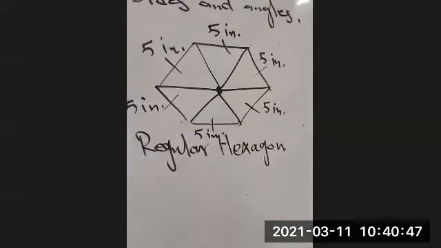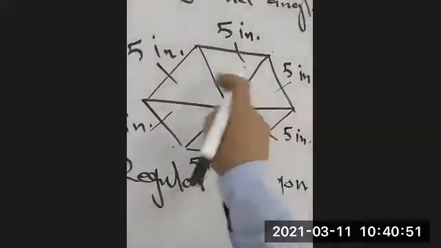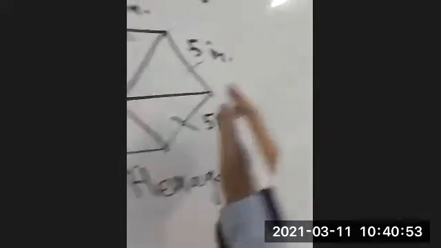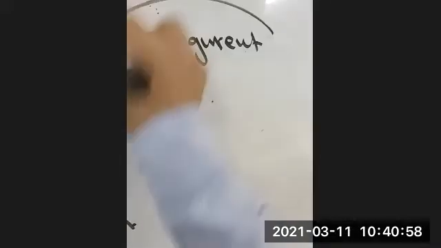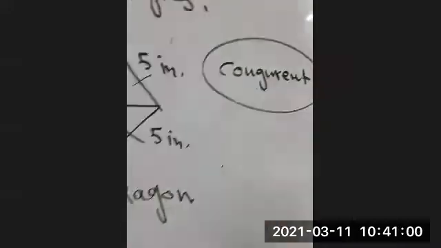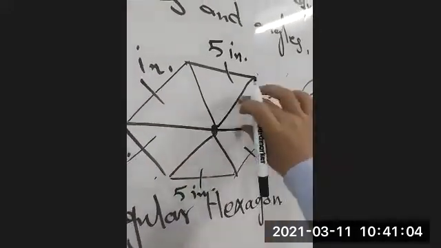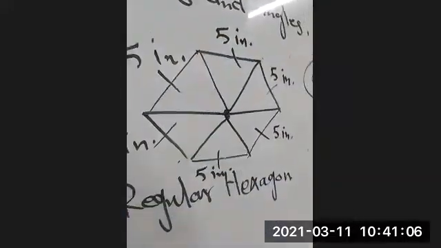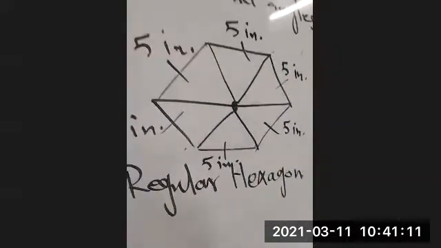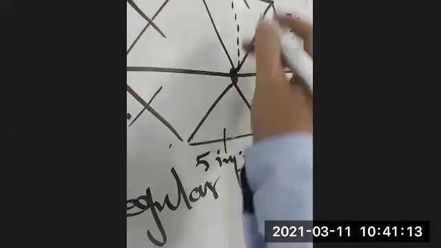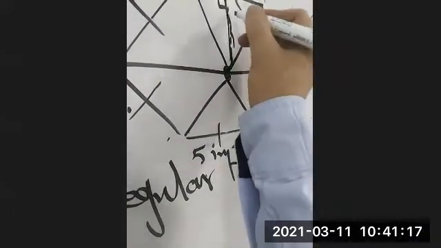And I divided the hexagon into congruent triangles. Congruent triangles means they have the same area. This triangle is the same as this, the same as this. They have the same area. Now, if I know the height of one triangle, let's say that the height here is 4 inches.